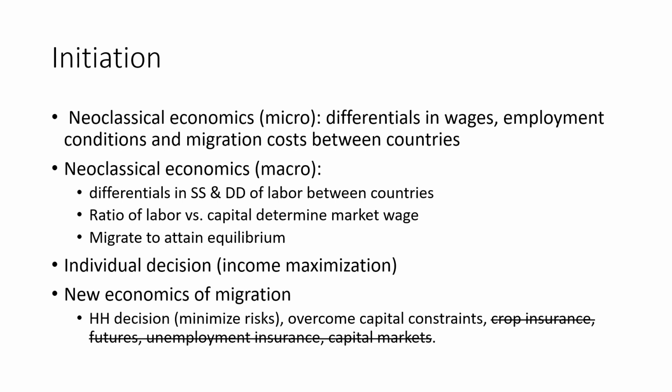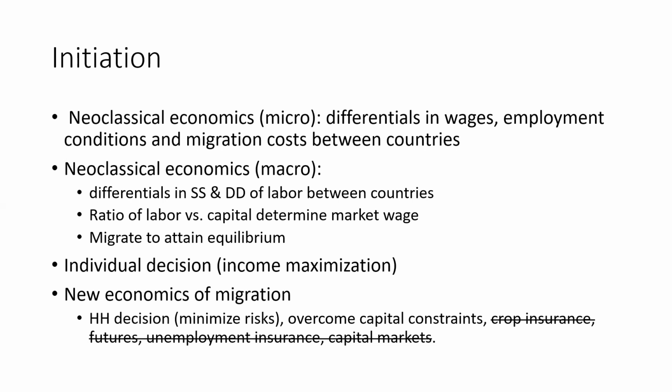And because of that, if they don't have any collateral that's acceptable to the banks to get a loan to expand their family enterprises, they are going to make a decision on which family members they should send abroad to work as labor migrants.